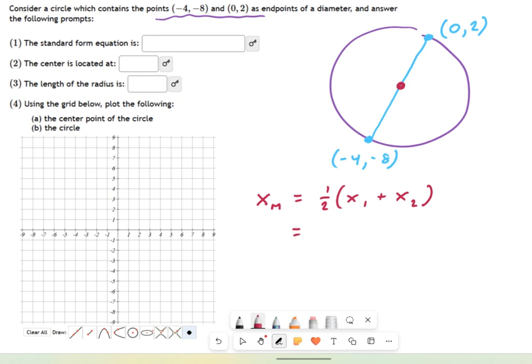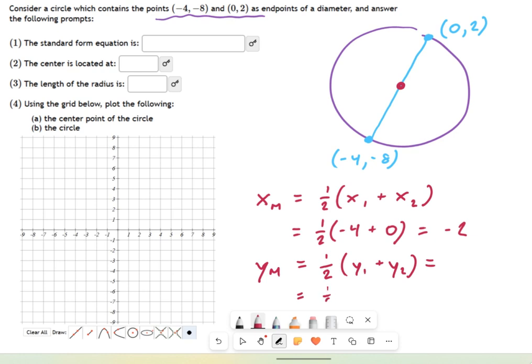So what that turns into in this problem is a midpoint, well, let's see, 1/2 times -4 plus 0. Okay, so that's going to be -2. That's my x midpoint. My y midpoint is going to be the same idea. The average of the two y values, those endpoints of the diameter. So we'll do that.